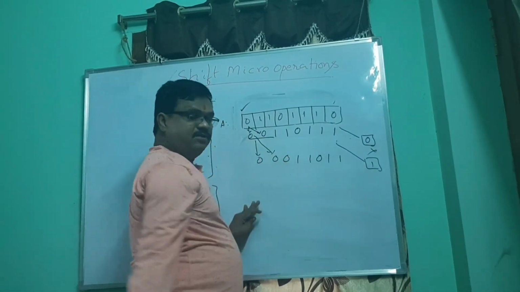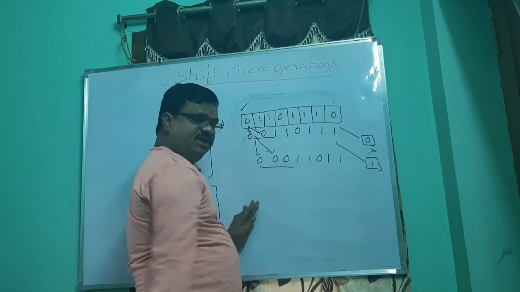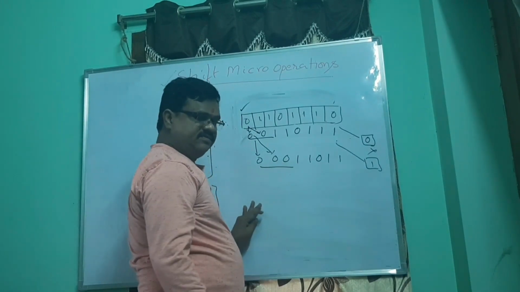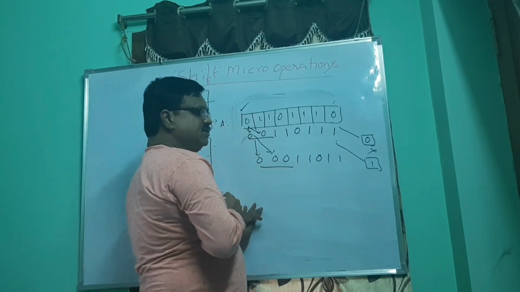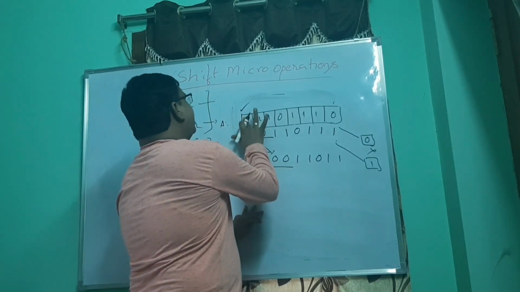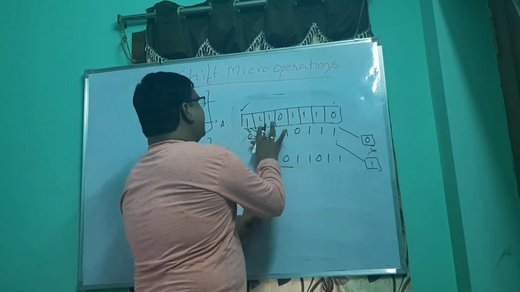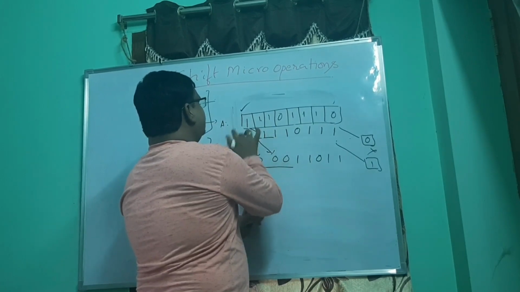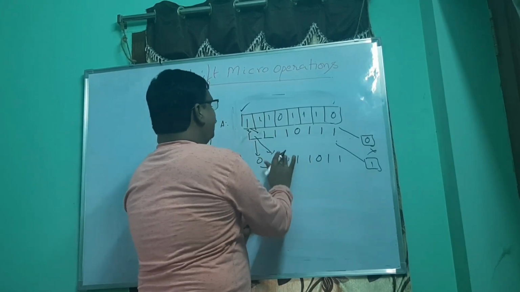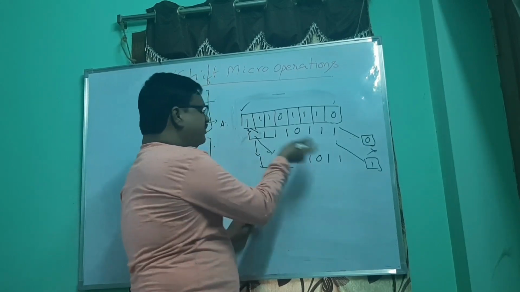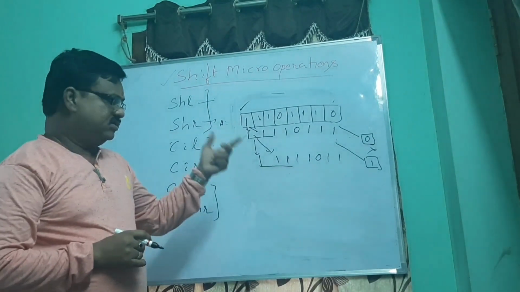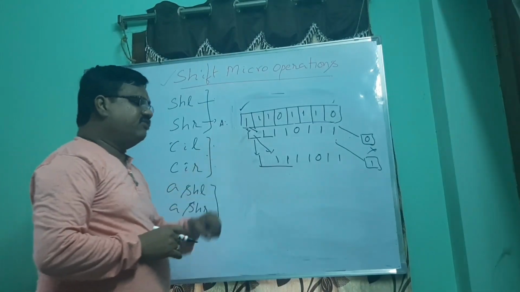Here 2 zeros are there. Here 3 zeros are there. It is like that, because the number we have taken has a 0 MSB bit. Otherwise, if it is 1, the first time it will be 1, the same 1 will be copied, and then this 1 will come through here. This one will come here, and this one will be shifted like that.